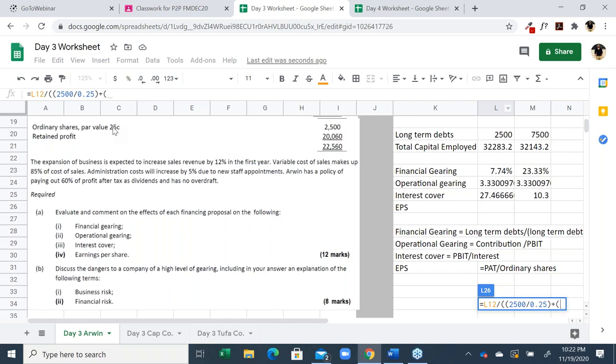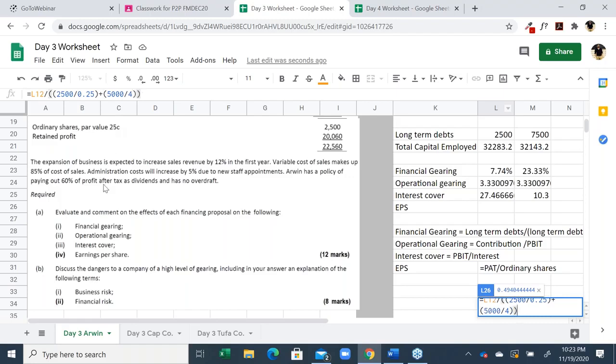The new capital was $5,000 and the issue price was 4. So divide it by 4 to find out the total number of new shares.